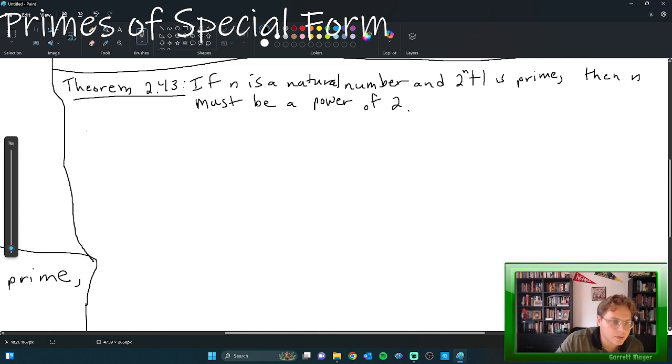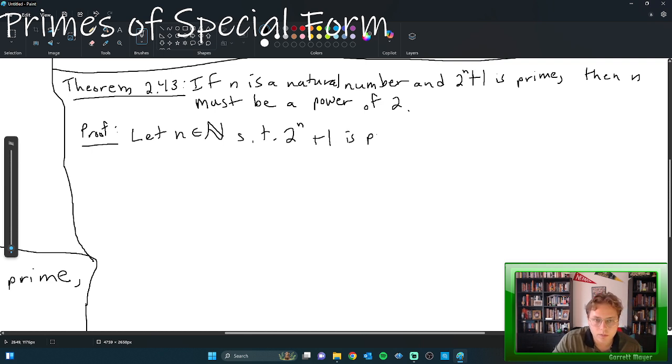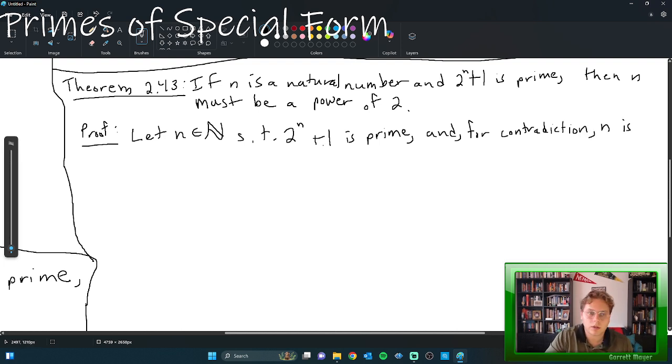So what we're going to do for our proof, going to be a very similar looking proof to our last one, but so we're going to let n be a natural such that 2 to the n plus 1 is prime, and for a contradiction, n is not a power of 2. All right.